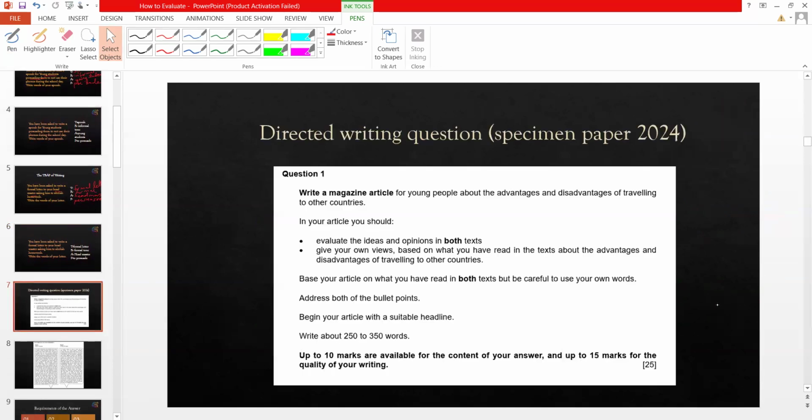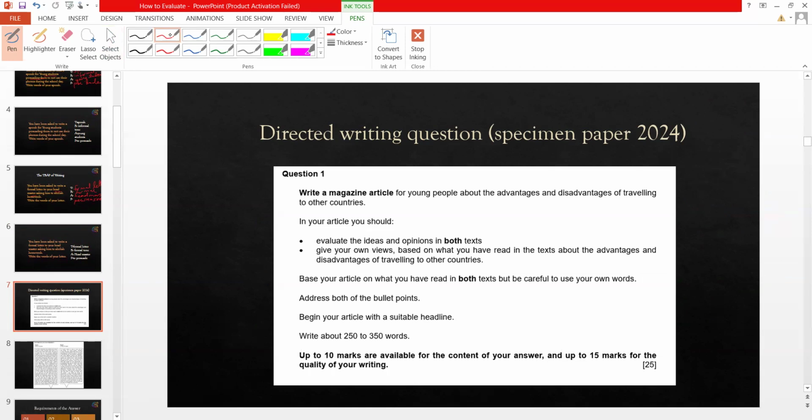Now moving on to one of the questions here. This question came in the specimen paper 2024. Let us go through it so that you may know why you need to evaluate. Why do we need to learn to evaluate?